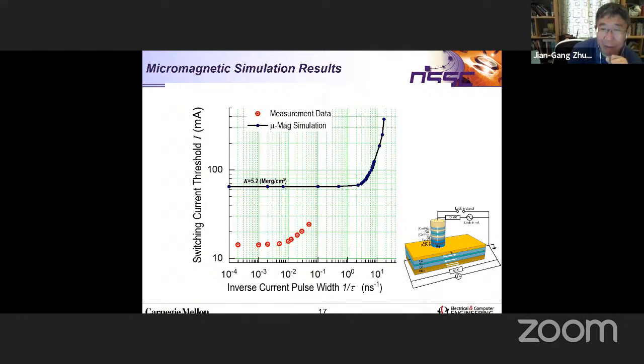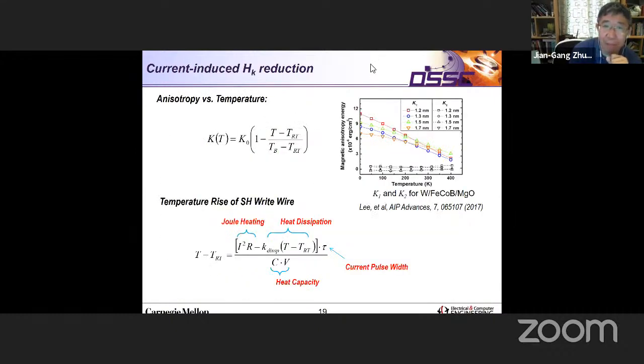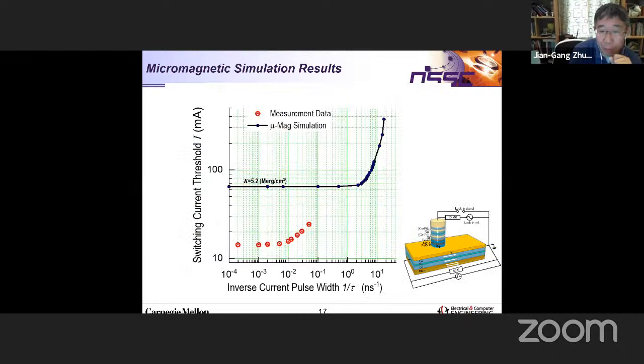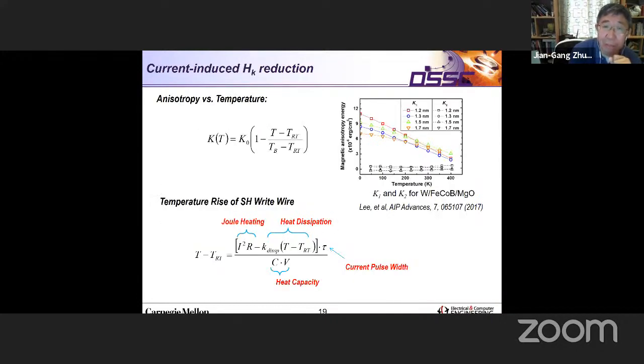So what happened, I think, is this heating. The shortest pulse width I did is over 10 nanoseconds, about 20 nanoseconds, and so during that 20 nanoseconds, the wire heats up, and so the MTJ free layer also heats up.